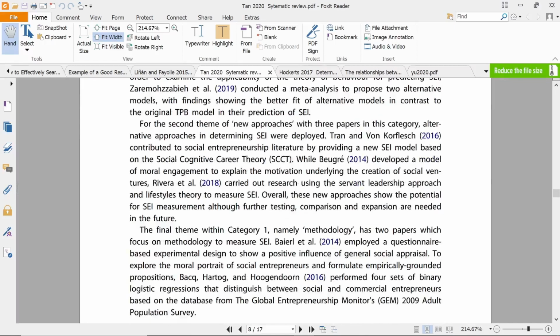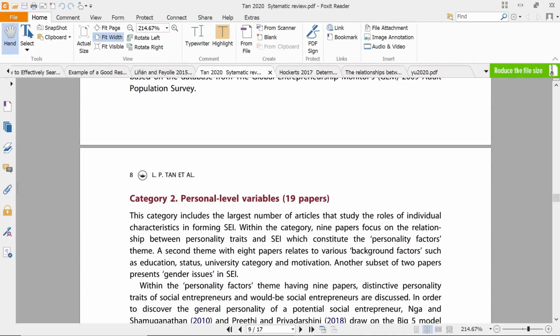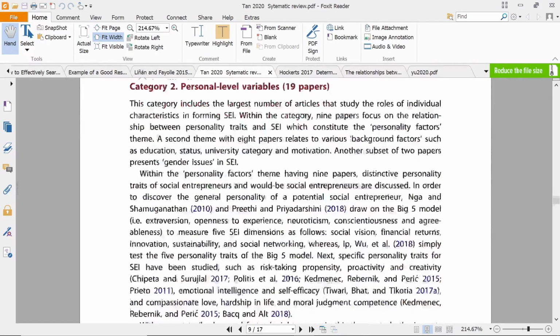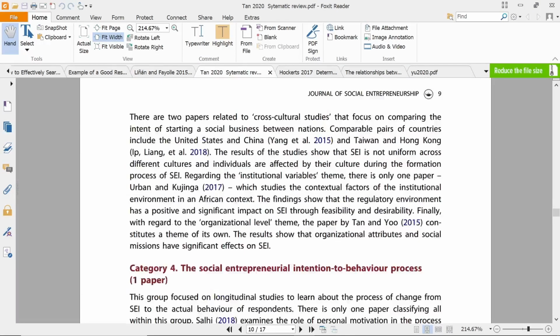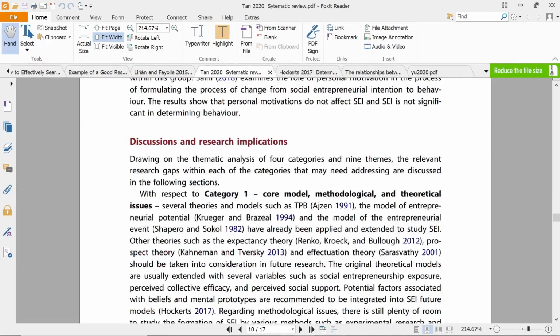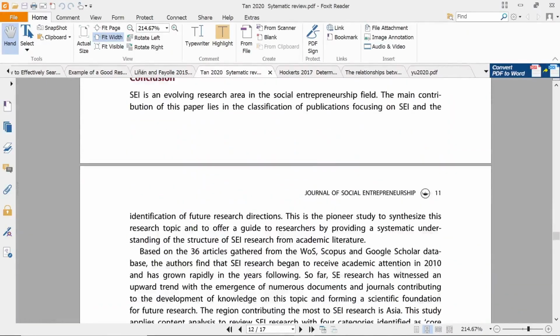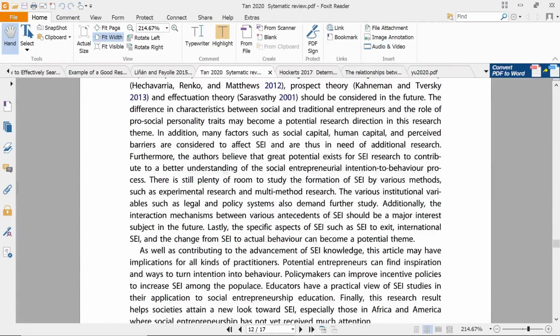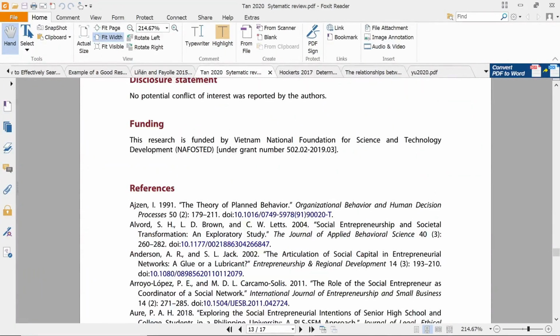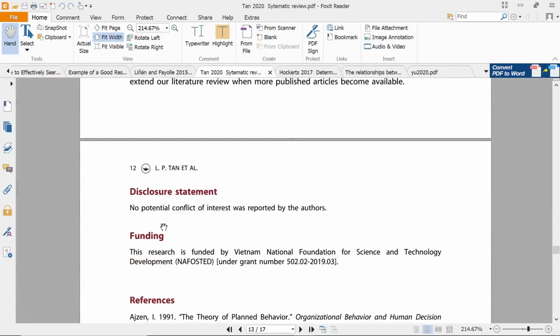So that's part of systematic literature review methodology. So you keep on searching. So what are the findings?